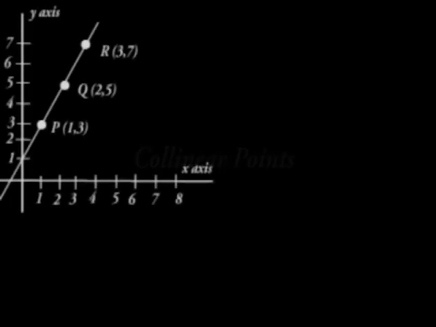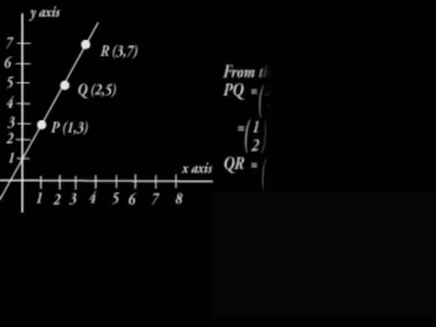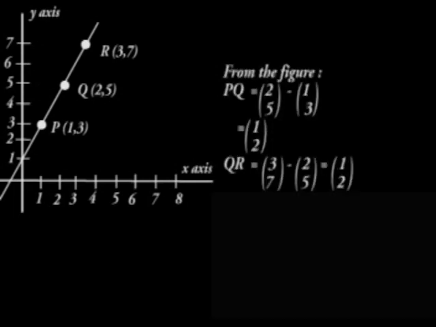Collinear points. Consider the figure below. From the figure, PQ is equal to (1, 2). QR is equal to (1, 2). Thus, PQ is equal to QR.